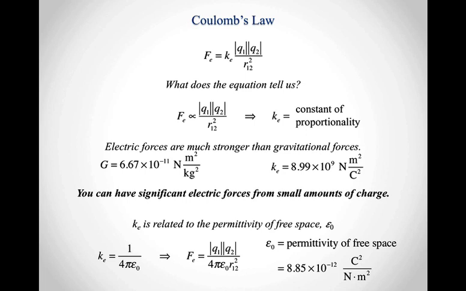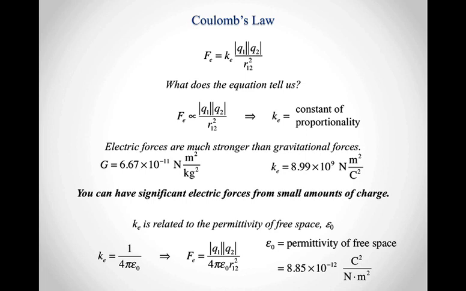So sometimes you will see the magnitude of the electric force written as the product of our charges, Q1 Q2, divided by 4 pi epsilon naught times the distance squared. That's going to give you the same thing, because instead of using K out front, you're using 1 over 4 pi epsilon naught, which is what K is equal to.